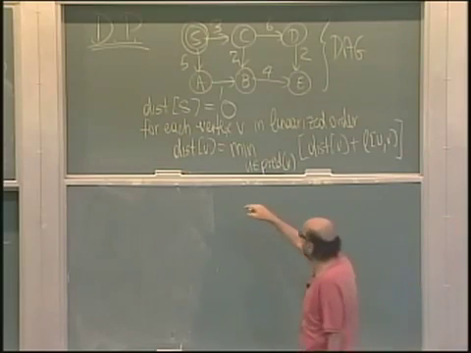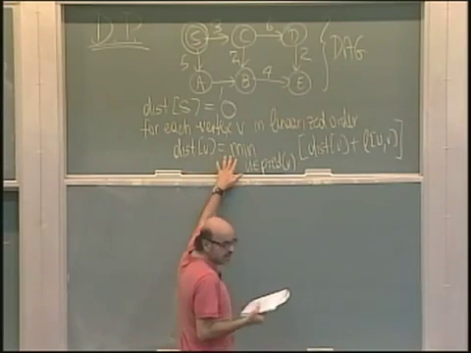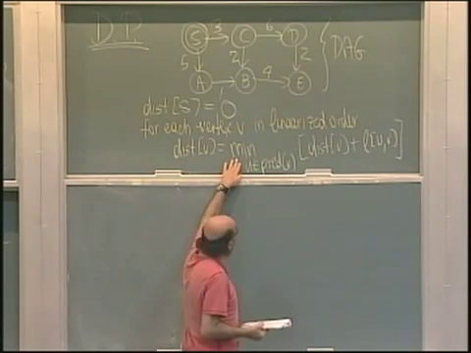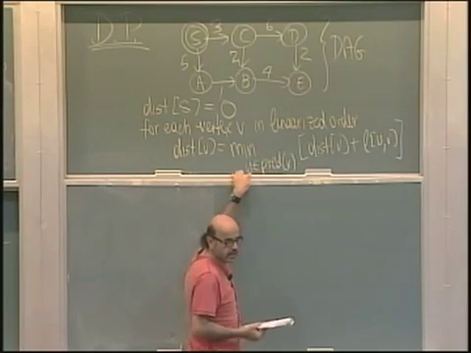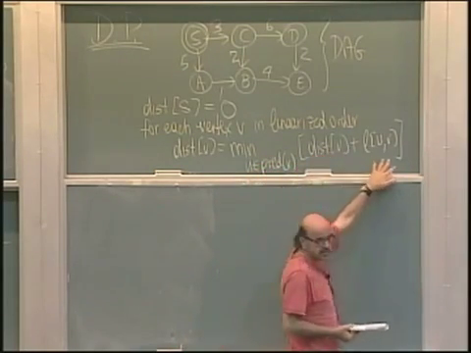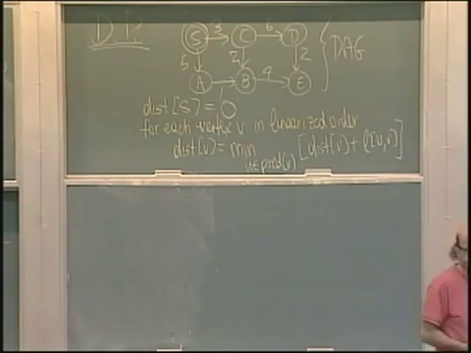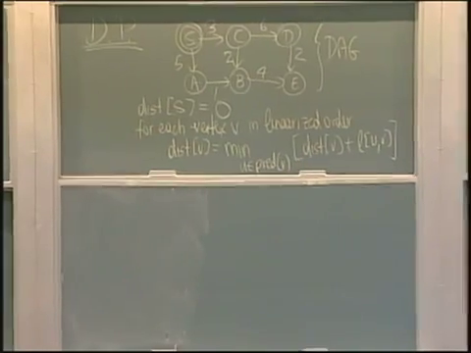So what I have written here is that the distance of V is the minimum over all predecessors of V of this formula.